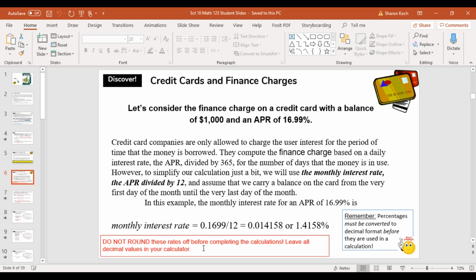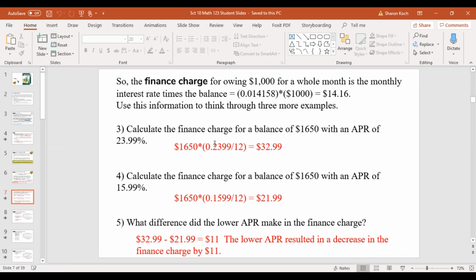At the very end, then you round out to the nearest penny or dollar, depending on how they're asking you for the problem there. So even though if I took the APR divided by 12, I get this decimal number, there could be additional decimals after that that aren't really showing up in my calculator screen. So we say, don't write these down and then put this back in. Just keep whatever number you get once you divide that. Keep it in your calculator, then multiply by that 1,000 as your balance here to get that rate.